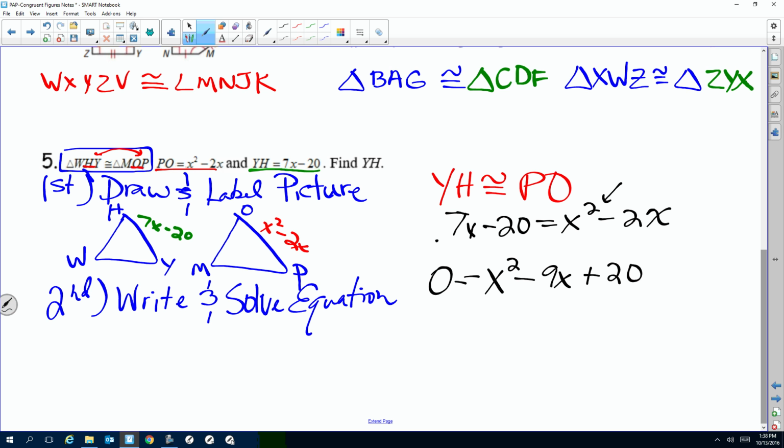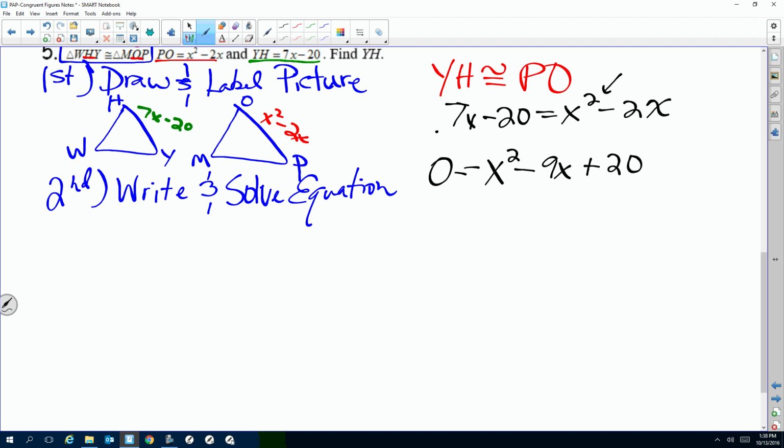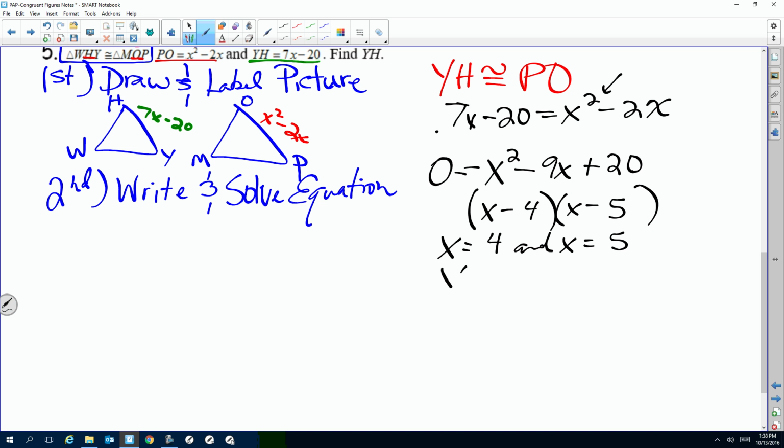All right, so now that I have that, for quadratics, I'm going to have to factor. So I need factors of 20 with the sum of negative 9: x minus 4, x minus 5, negative times negative gives me my positive 20. They want the value of x, so that would be a positive 4 and 5. How do I get back to my YH?